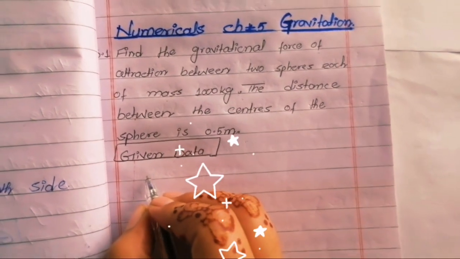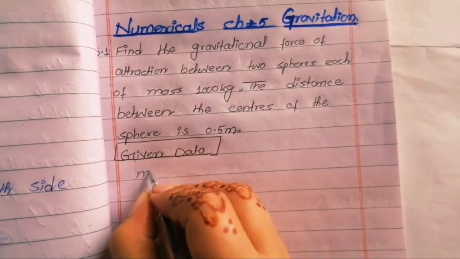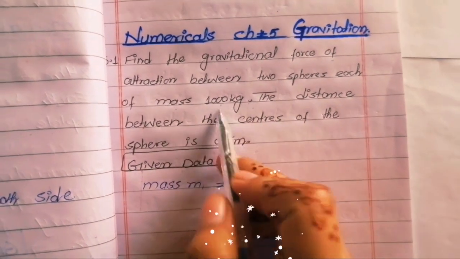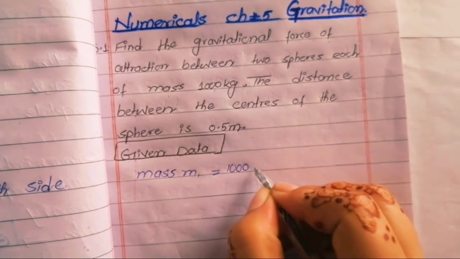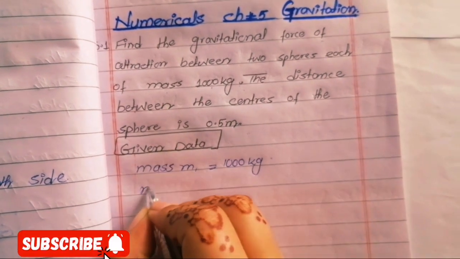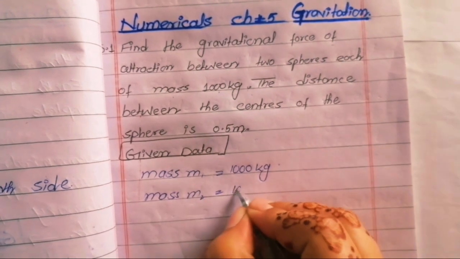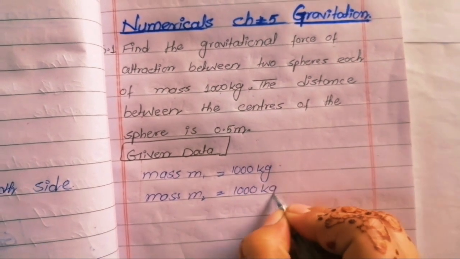We have to find the gravitational force between the two spheres. So first of all, we will write the given data. Mass M1 is equal to 1000 kg. Mass M2 is also equal to 1000 kg.